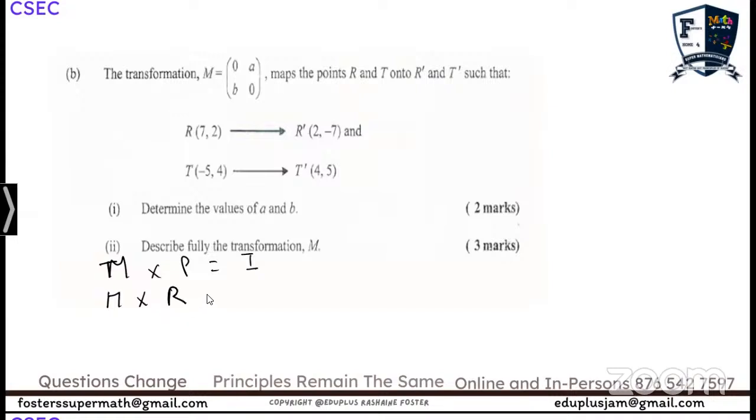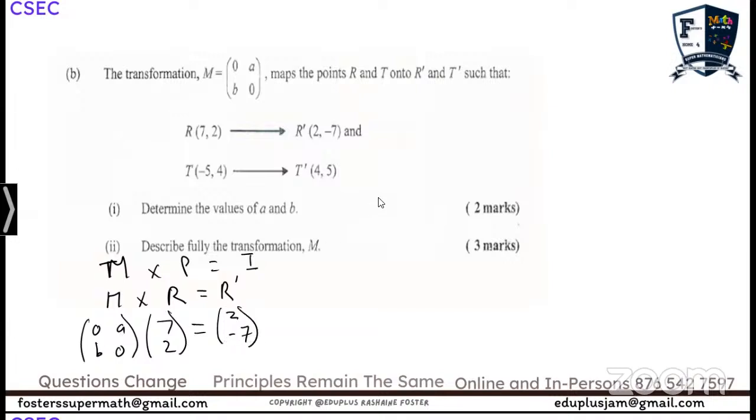It maps R onto R prime or T onto T prime. You can use either of those two. It's still going to give the same answer. So what is M here? M is 0, A, B, 0. We multiply that by R. What is R? 7, 2. And that's equal to R prime, which is 2, -7.